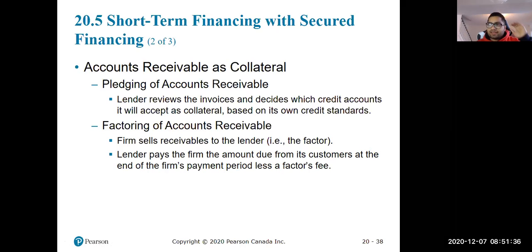So the car dealer is selling that sale to the bank, and the bank is going to collect money from customers rather than the car dealer. The firm sells the receivable to the bank or lender. The lender pays the firm the amount due from its customer at the end of the firm's payment period minus certain fees. So whatever the bank gets out of that, it will keep on paying the dealership.